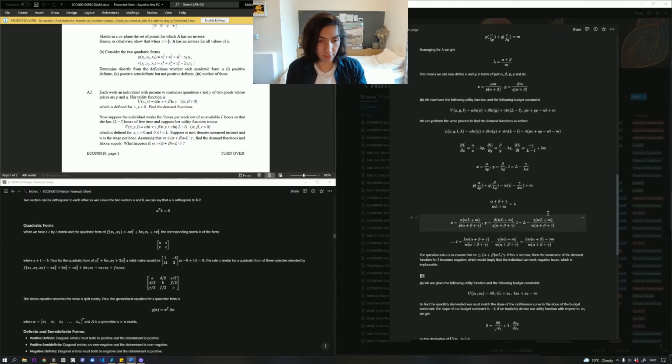But then if I rearrange what l is, I get LW(alpha plus beta) minus gamma M over W(alpha plus beta plus gamma). Now, the question asks us to assume that M is smaller than (alpha plus beta) WL over gamma, okay?